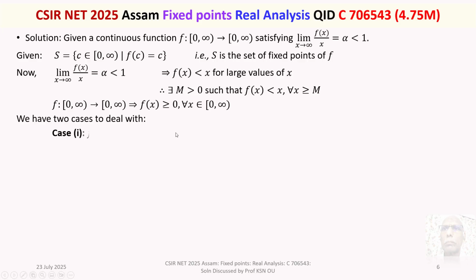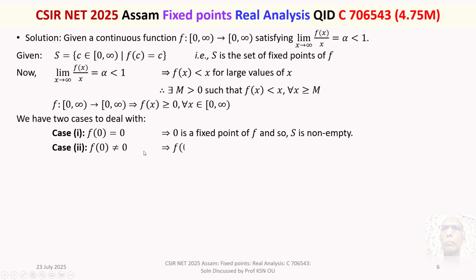Case 1, f of 0 is 0, then 0 is a fixed point of f, and thereby S will be non-empty. Case 2, f of 0 not equal to 0. Then f of 0 will be positive. It is not 0, therefore it is positive.